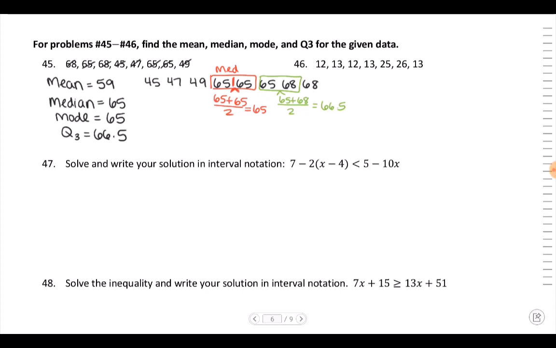I should have spaced that over a little bit. I don't really want to erase that, but here we go. We'll just do it this way. All right, so the mean here of this data set, add them all up and divide by 1, 2, 3, 4, 5, 6, 7. Add them up and divide by 7.